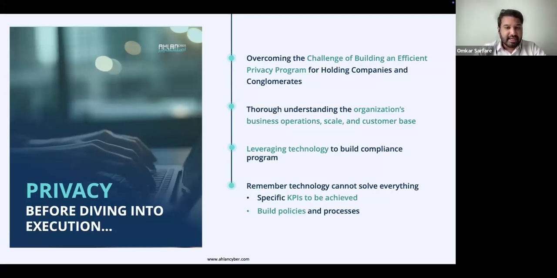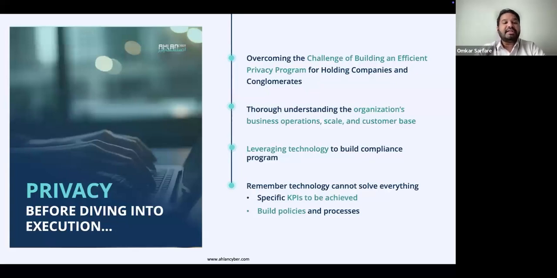The next aspect that an organization needs to look into is defining the KPIs. It's crucial to establish KPIs to measure the effectiveness of the privacy efforts, whether tracking incident response times, the number of privacy impact assessments that an organization has already conducted, the closing of the audit findings, etc. KPIs provide visibility into areas of success and the potential risks that an organization would be facing in terms of privacy.